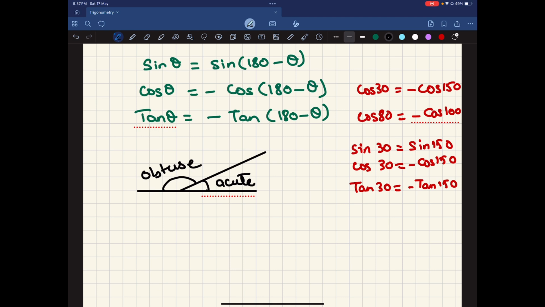So the numerical values of sine, cos, tan for both acute and obtuse angles will be equal in all three cases, but cos and tan are negative. Okay, this might seem a little confusing, but it's a very straightforward, simple, easy identity. And let's practice a few questions to understand how you can be tested on these identities.